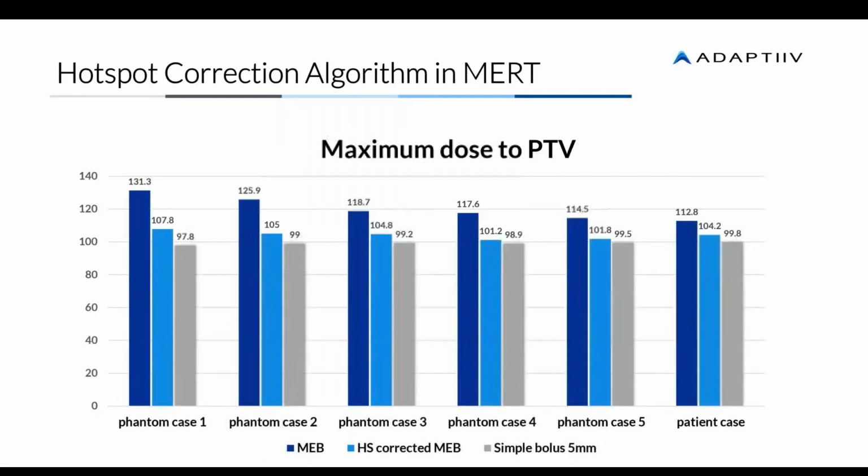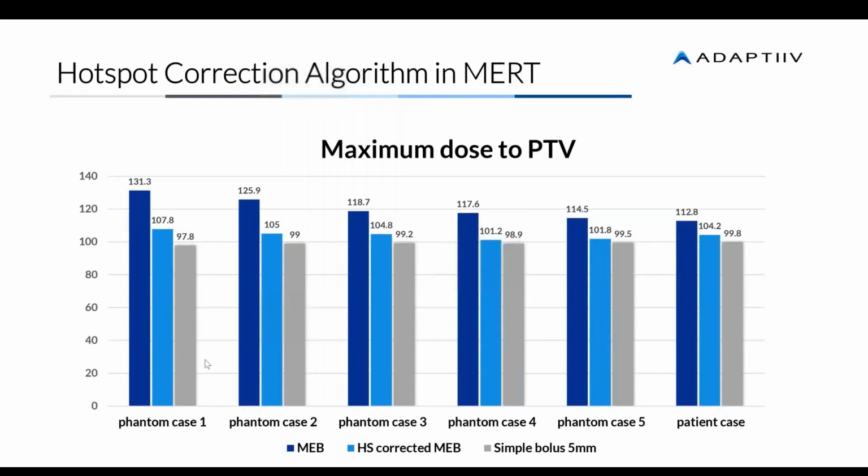But what happens to the maximum dose to the PTV? After the first iteration, after the first modulation, we see that by adding additional bolus material, the hotspots tend to rise inside the PTV. And that's the first dark blue column.